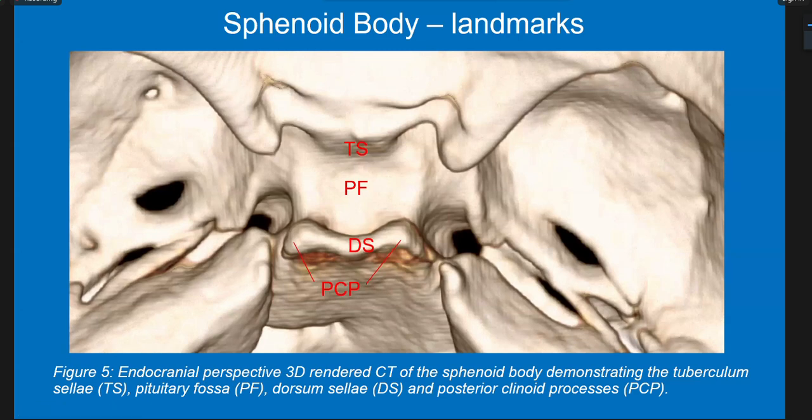So here you have the sphenoid body. You have the anterior margin of the pituitary fossa. You have the tuberculum, and you have the dorsum sellae posteriorly, and you have the posterior clinoid processes.